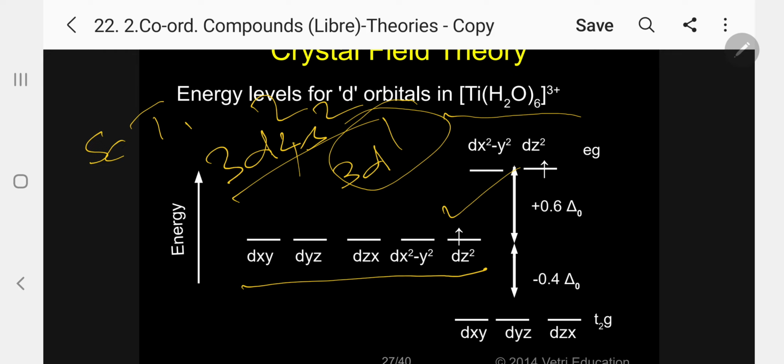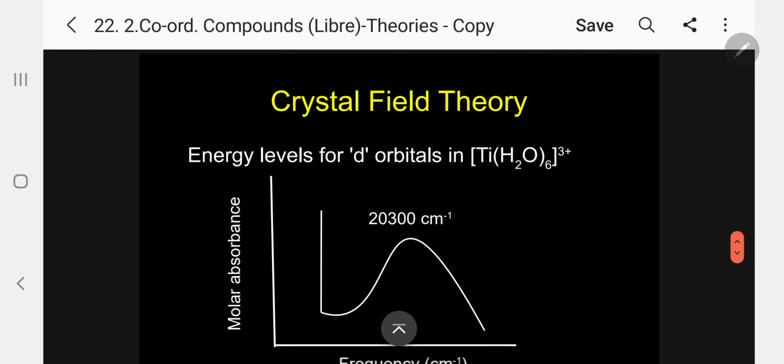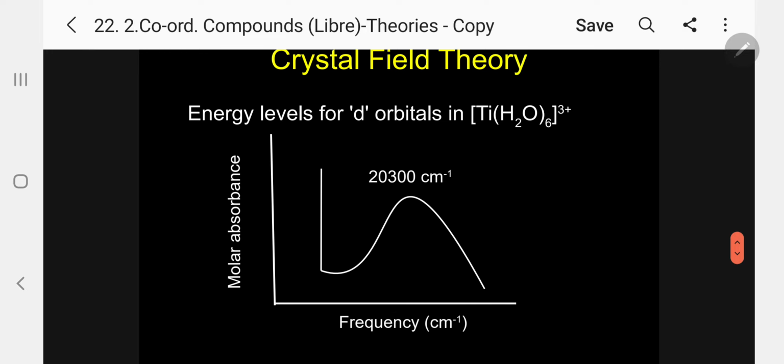By absorption of energy from the atmosphere, this electron gets excited, moving from T2G to EG. Kindly follow. So what is happening now? The energy difference we can measure. In the case of the hexaaqua titanium 3 plus ion, we can measure the energy difference in the form of the wave number, 20,300 centimeter minus 1, which is observed experimentally for d orbital excitation in the titanium complex.